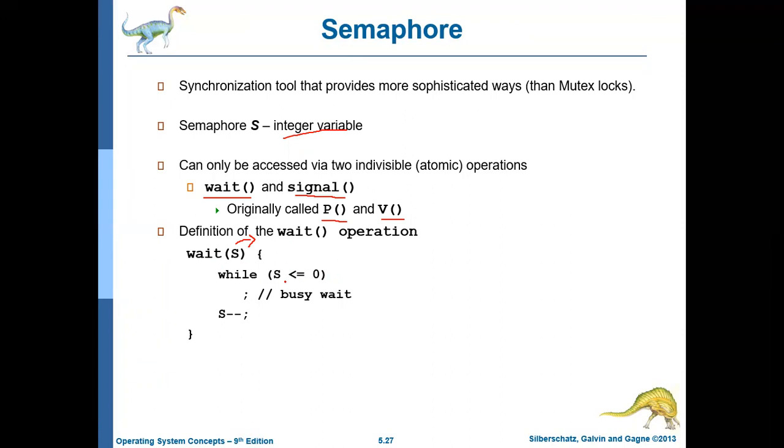If S is less than or equal to 0, then the particular process which called the wait will be in busy wait or spin lock. If S is not less than or equal to 0, then S will be decremented by 1. So this is how the wait instruction of semaphore is implemented.